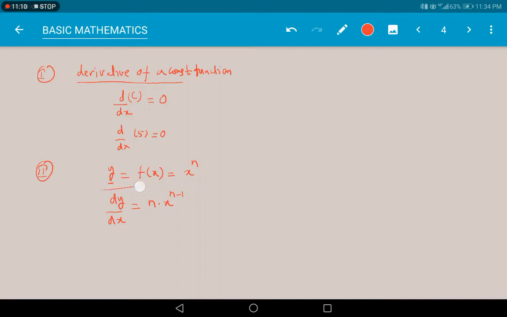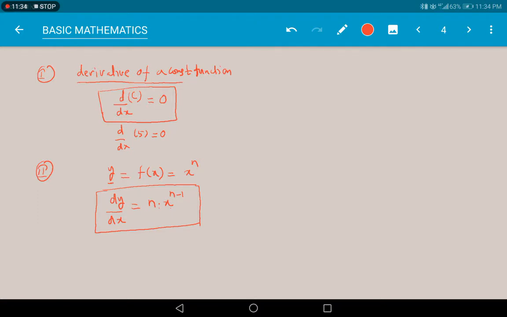Here there is no need for derivation of how the formula comes; we just use the formula directly. The derivative of a constant is 0, and the derivative of an nth power is n into x to the power of n minus 1.